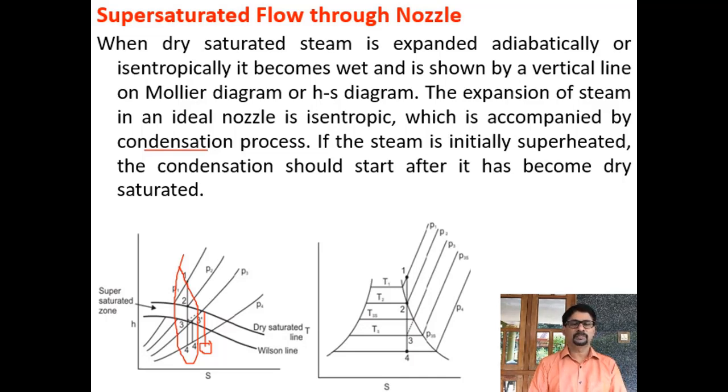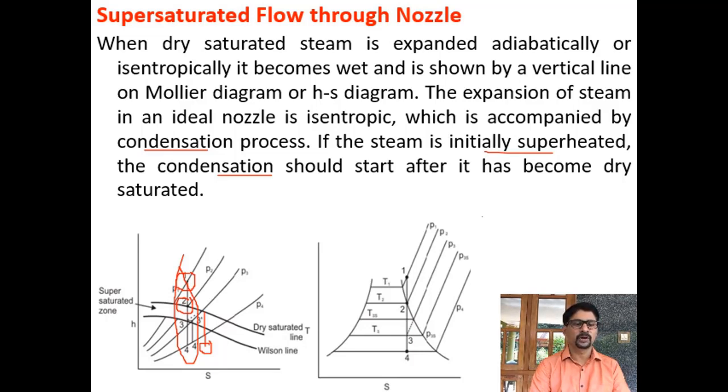The moment the temperature drops below the dry saturation point, the condensation has to begin. If the steam is initially superheated, then the condensation will begin the moment it reaches the dry saturation point. For example, here point 1 is in the superheated region, and point 2 is the position where it reaches the dry saturation point.